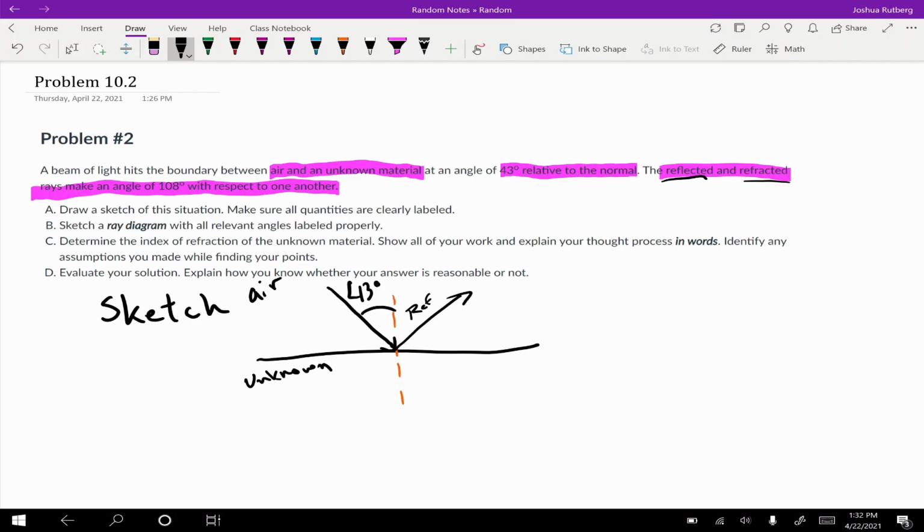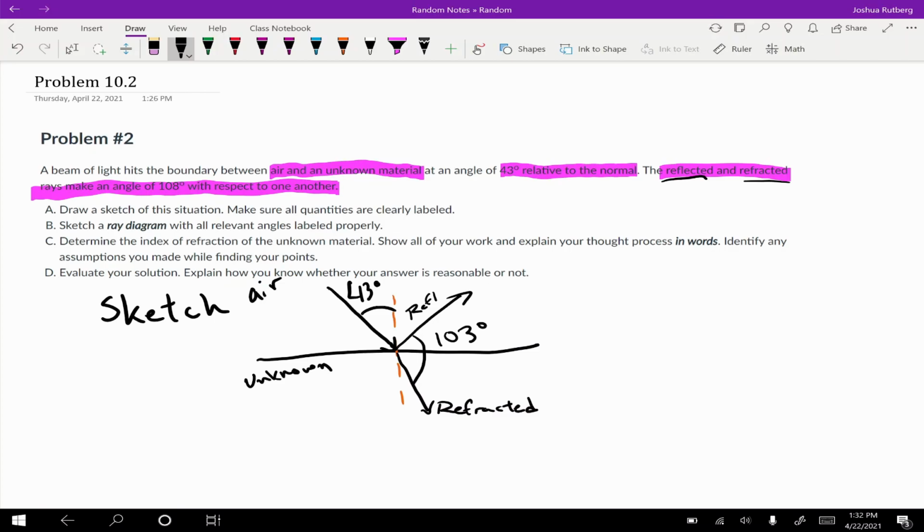This will be the reflected, and the refracted ray will be something like that. And what we are told is that this angle right here is 103 degrees. So this is going to be my sketch.